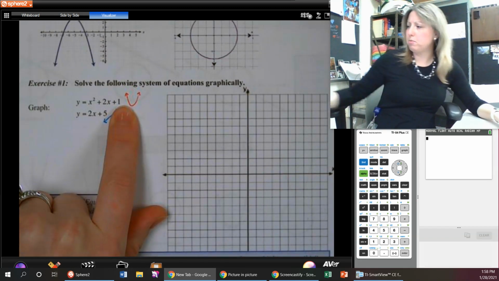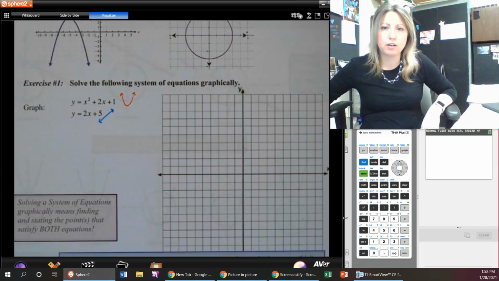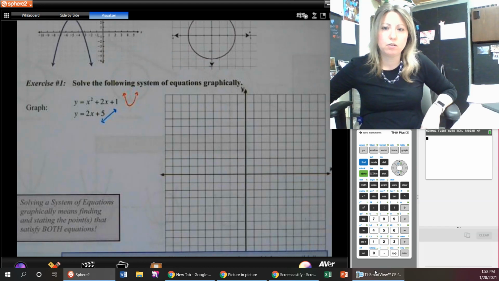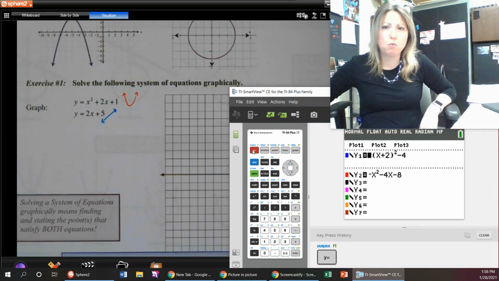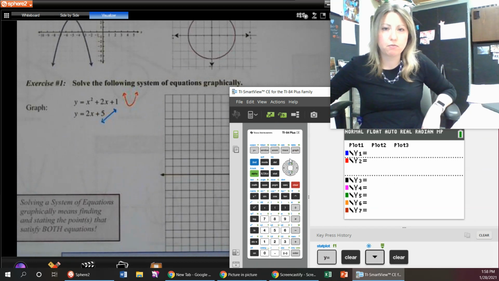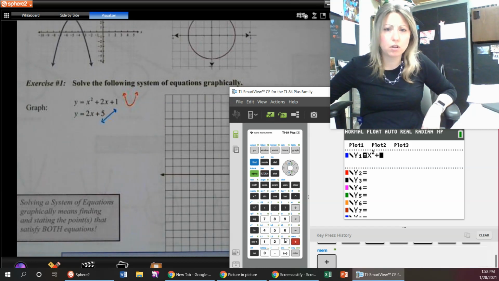So let's plug the parabola into our graphing calculator right here. Why not? Oh, that's not what I wanted. This is. I want to see a big screen. Y equals, I have some parabolas already in there. Must have been from the vertex form lesson. X squared plus 2x plus 1.